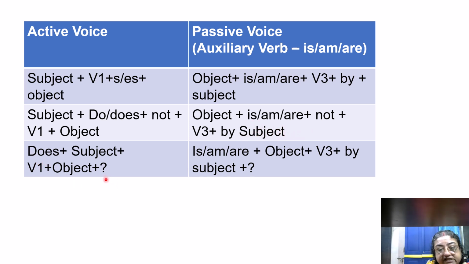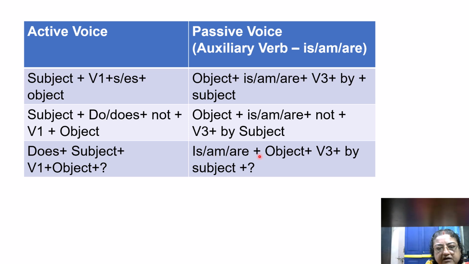Now if it is a question sentence, then does comes first, then the subject, plus V1, then the object, then a question mark at the end. In the passive format, according to the singular or plural of the object, you use is, am, or are: am with the first person, is for singular, and are for plural.